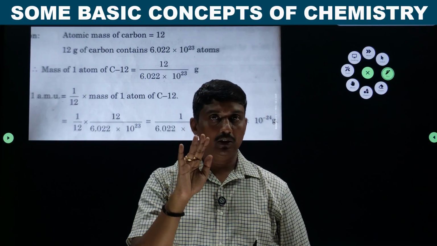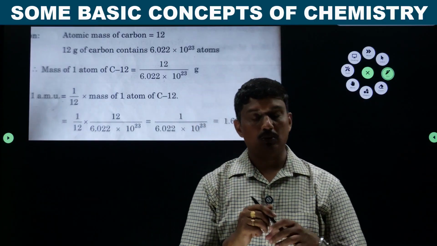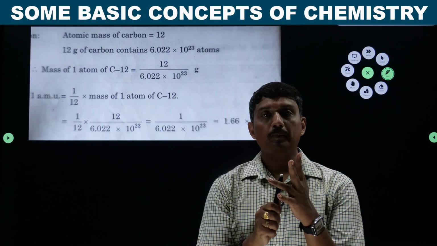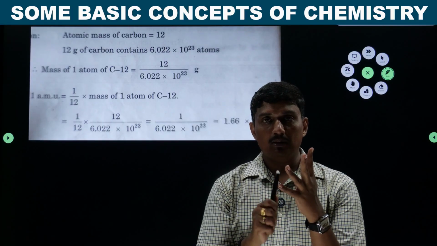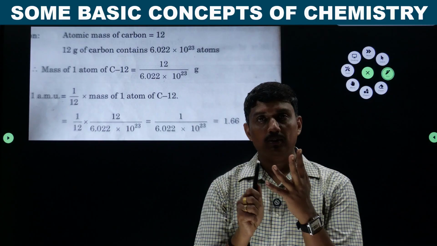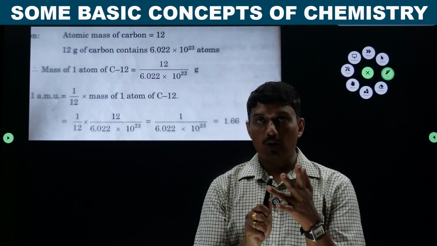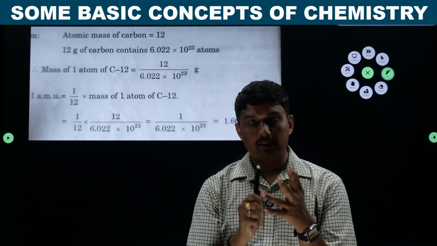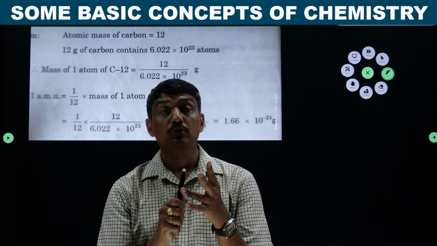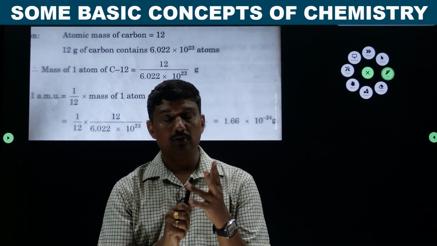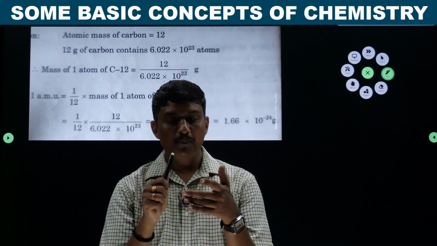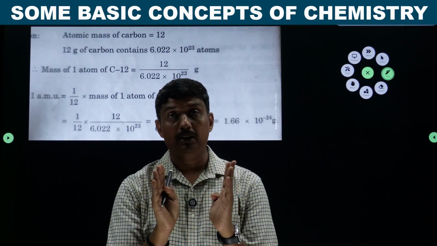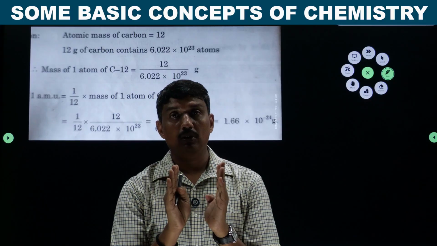Now, I think you are clear about two topics. One is mass number and atomic mass. Mass number is the sum of protons and neutrons. Atomic mass is a relative mass. It is calculated by considering the isotopes and their percentage of abundance. Also, mass number and atomic number are different. They are not the same.